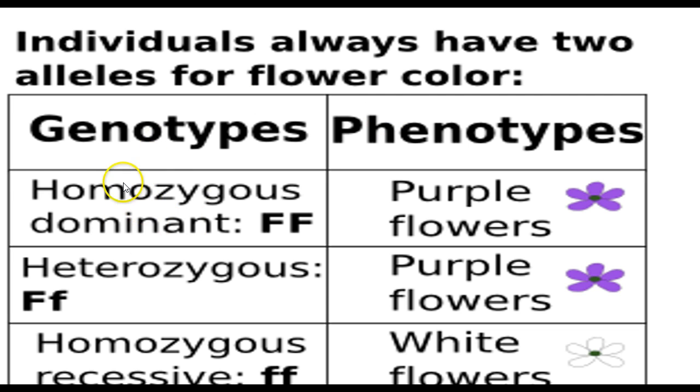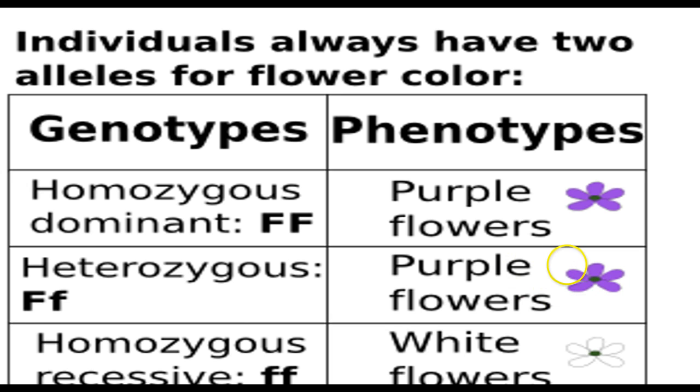So if this is homozygous dominant and purple is the dominant color, then this is going to be capital F, and that means that the phenotype, what we will see, is purple flowers. If it's heterozygous for the trait, meaning the gene we will write down will be capital F, lowercase f, we will still see purple as a flower, but this flower has a hidden gene that is stored up.